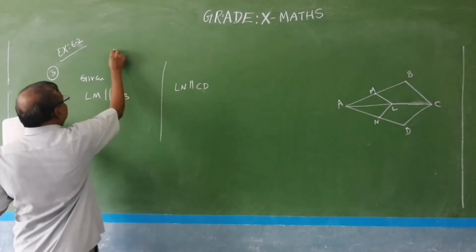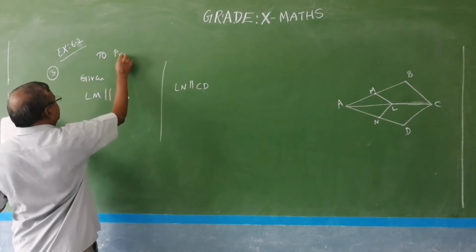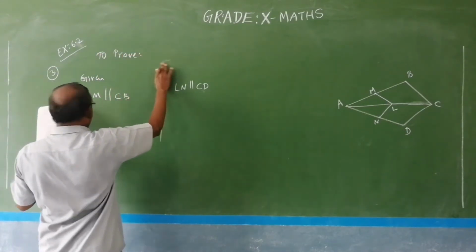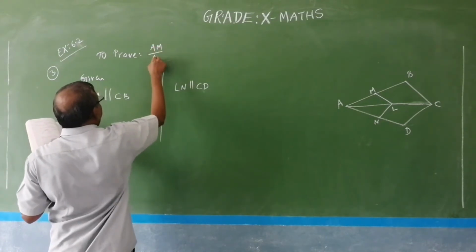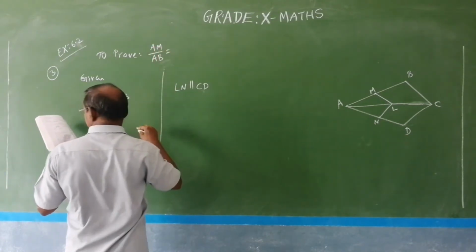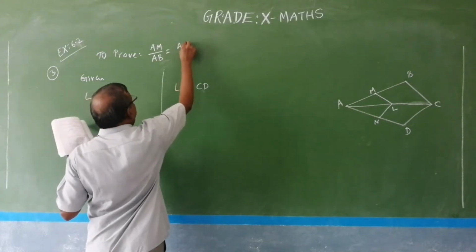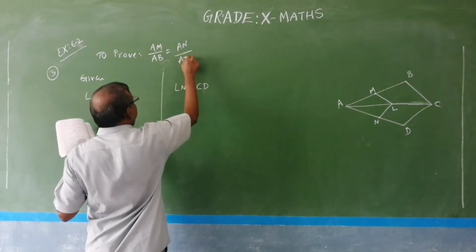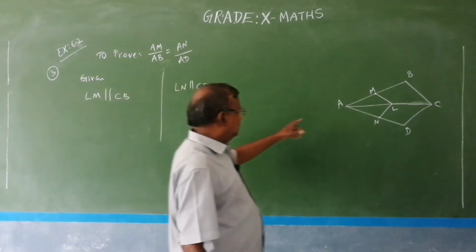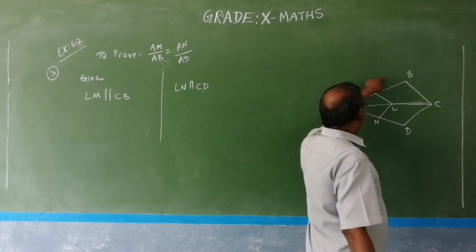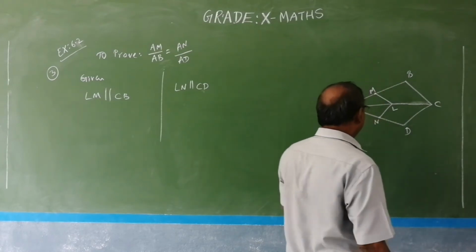We have to prove that AM by AB equal to AN by AD.